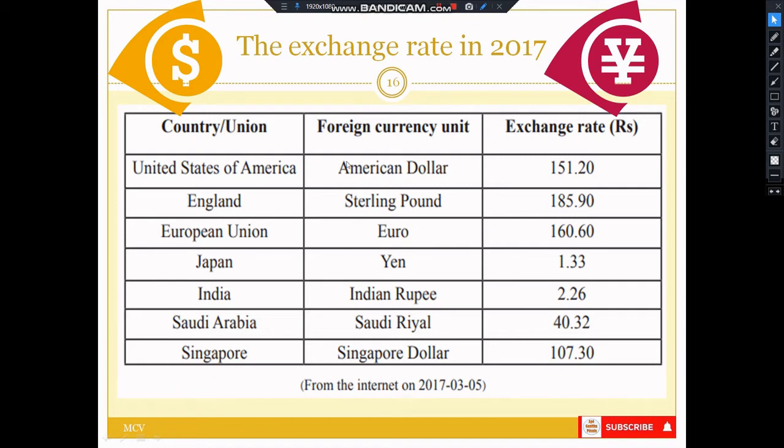US dollar, United States dollar, if we have a dollar, that is equal to 151 rupees and 20 cents in Sri Lanka. England sterling pound is equal to 185 rupees and 90 cents of Sri Lankan rupees. That way, different currency units can be converted into Sri Lankan rupees.